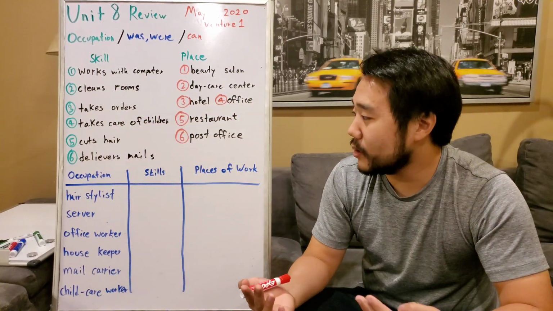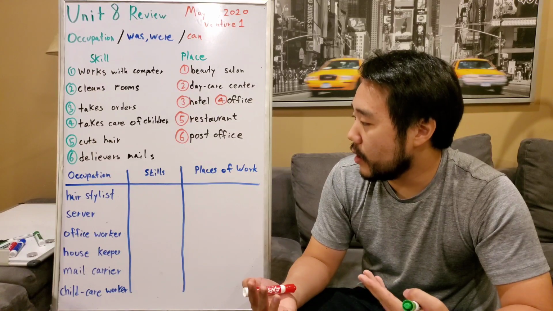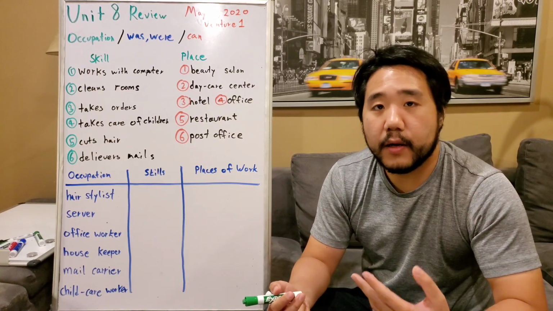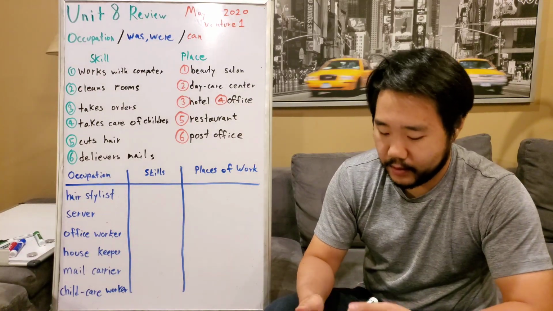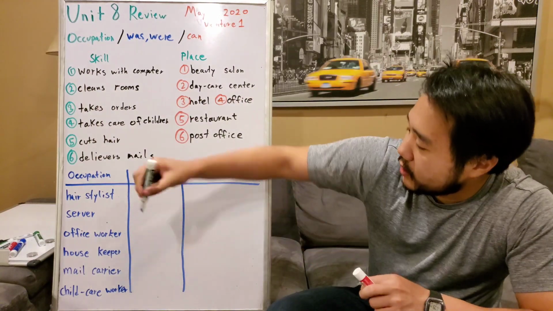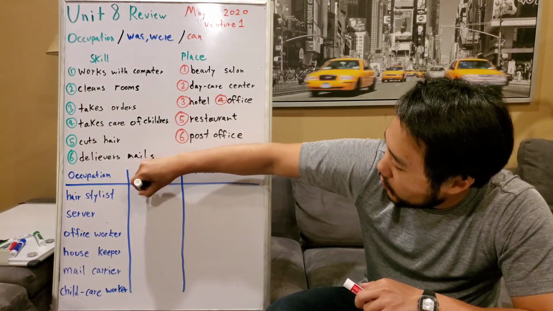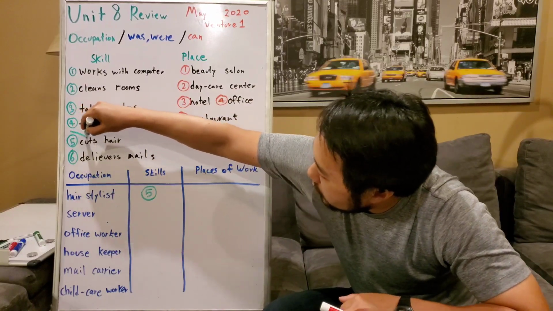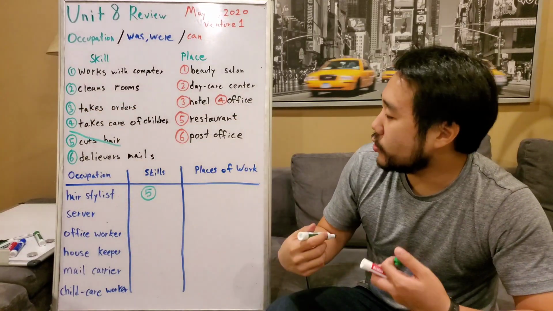What does a hairstylist do? They cut hair, right? So here for the skill, it's number 5. And we can cross it out. And where do they work?